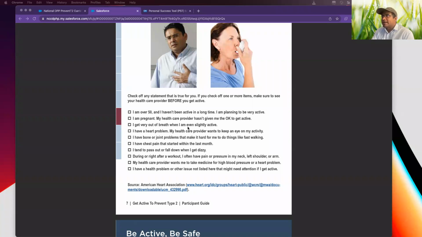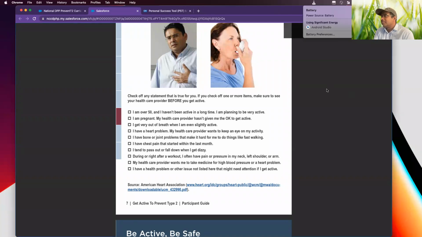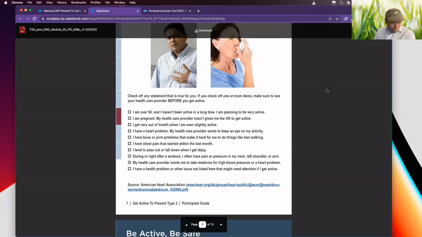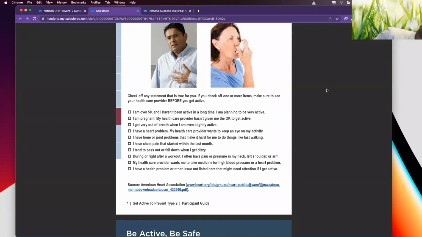So with that, let's go ahead and, I'm gonna, hold on, let me put in my charger because I don't want to run out of charge.